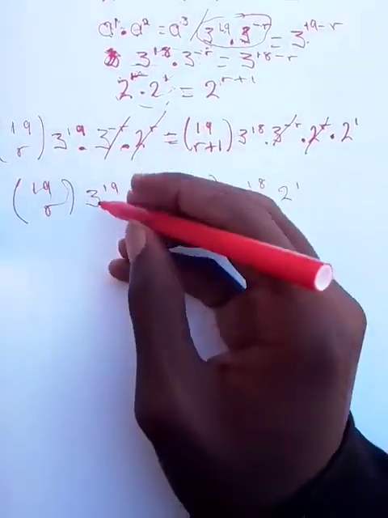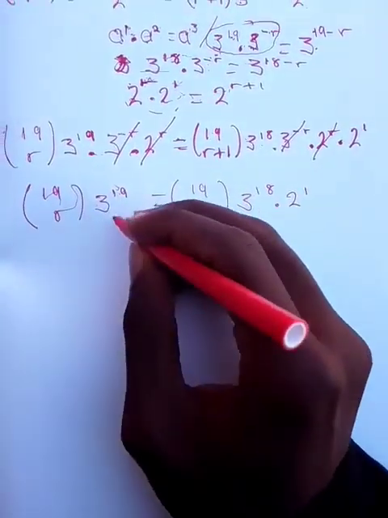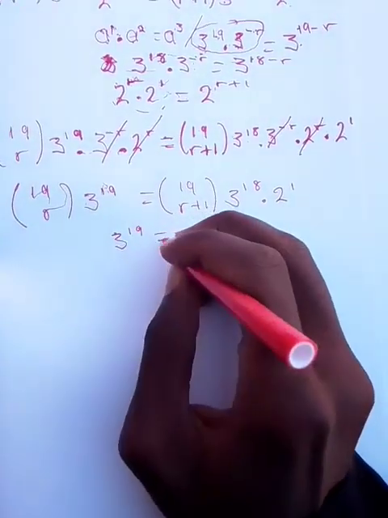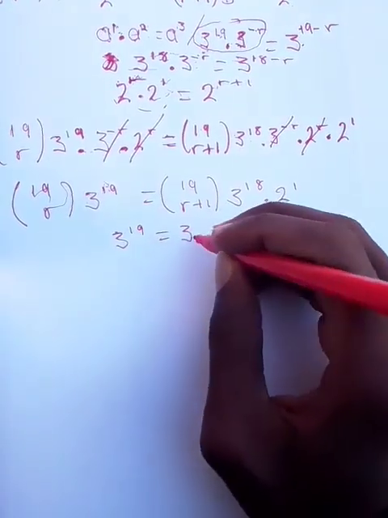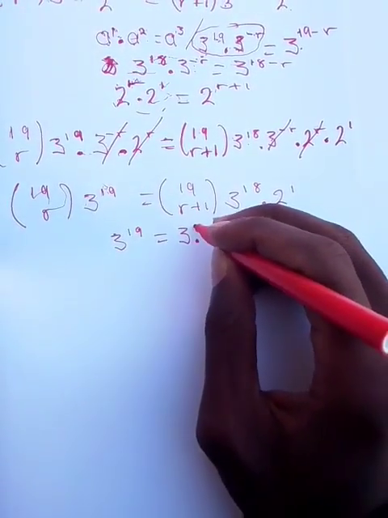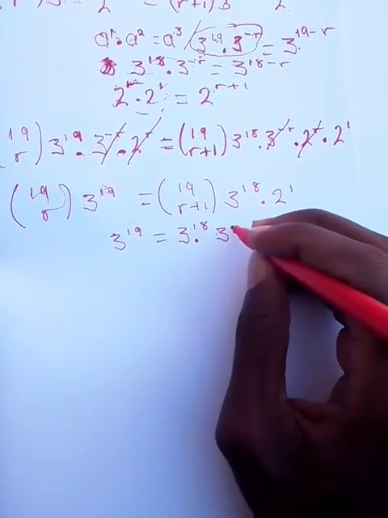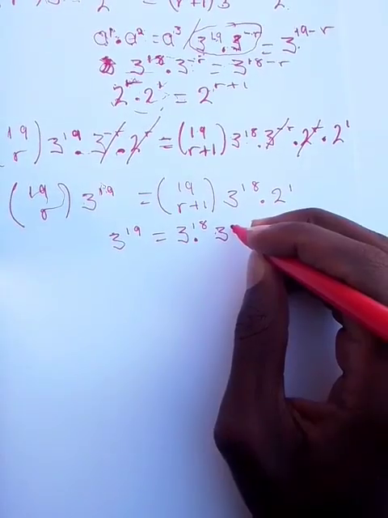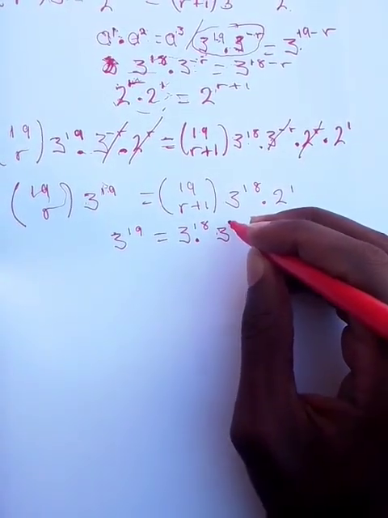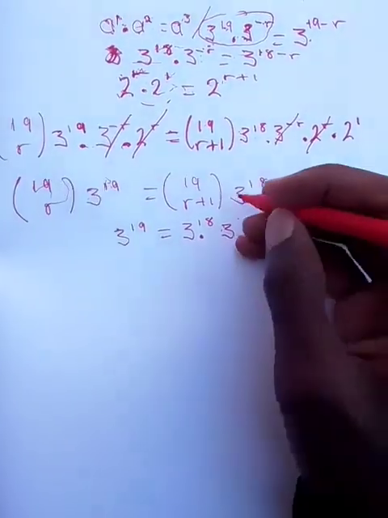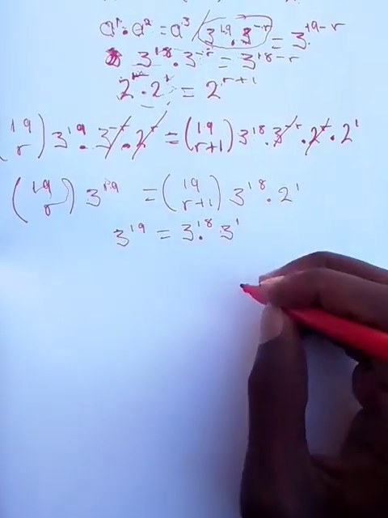Try to think. Do you know that 3 raised to the power of 19 can also be written as 3 raised to the power of 18 times 3 raised to the power of 1?